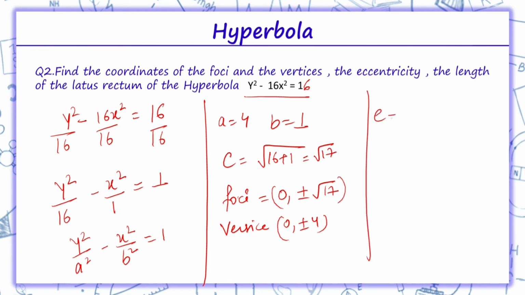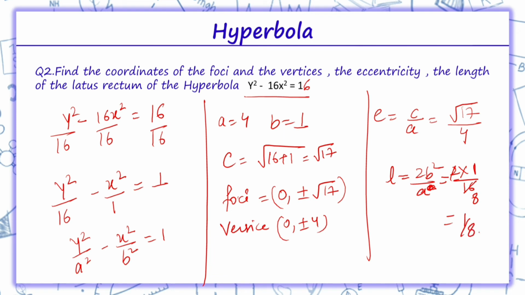Eccentricity is given by the formula c by a, so c is square root of 17 upon a is 4. The length of the latus rectum is given by 2b square by a, so 2 into b square is 1 upon a is 4. So the answer will be 1 by 2.